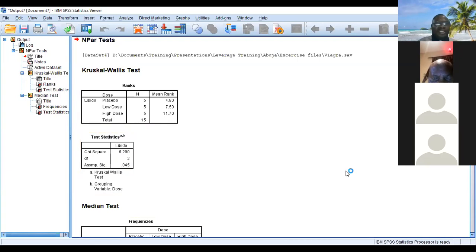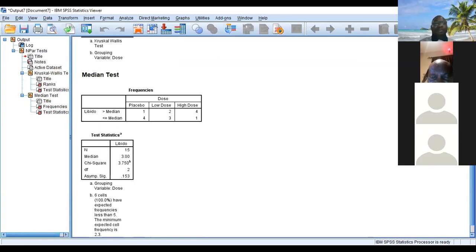You can see that there's a difference because the p-value is 0.045 for Kruskal-Wallis. But look at the median. The degree of freedom here is 2.